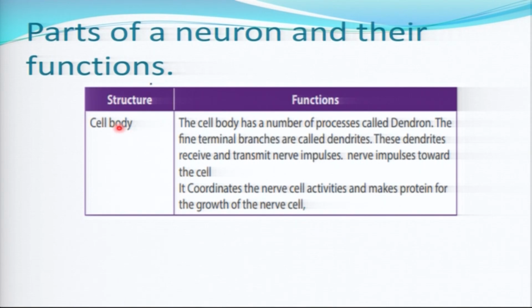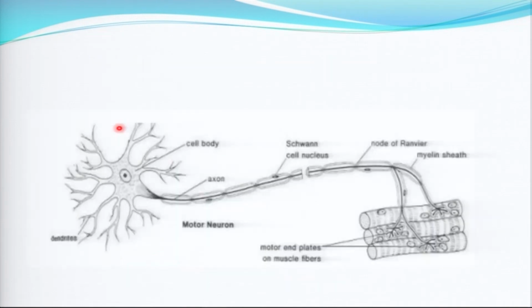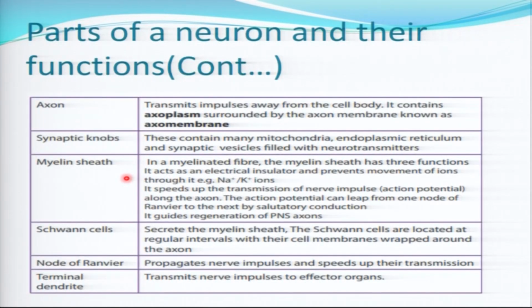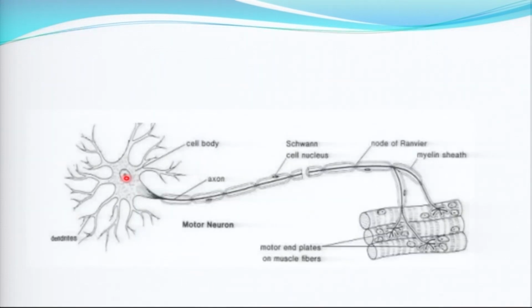Are you getting this? You can ask, where is cell body? It is this side, cell body. And then, the second part is what you call axon. Axon, you can see on the diagram, this is axon. So what's the role of this axon?